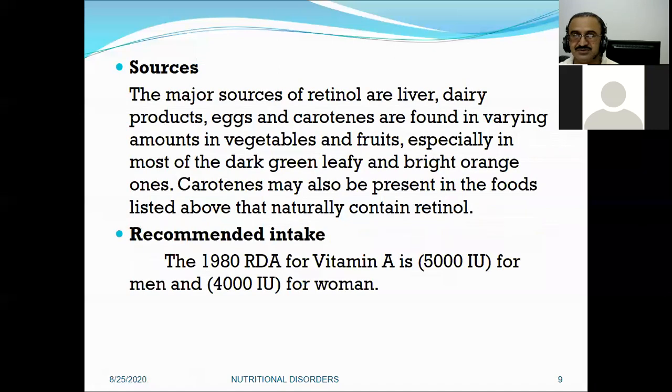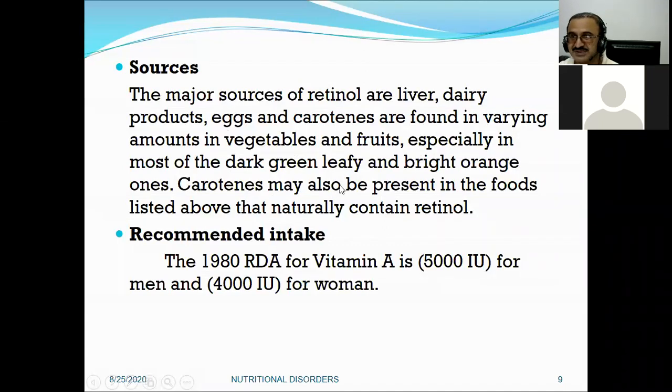I have already discussed the sources of vitamin A. The major sources of retinol are liver, dairy products, eggs, and carotenes found in various vegetables and fruits, dark green leafy vegetables, bright oranges, and carrots as a rich source.